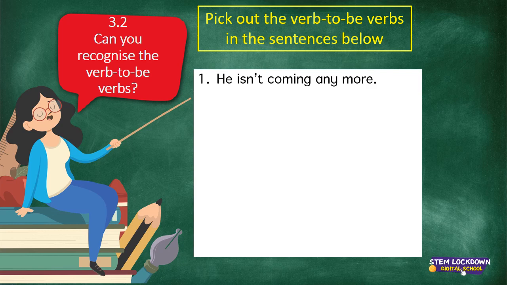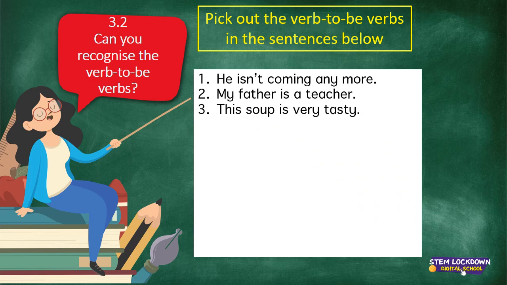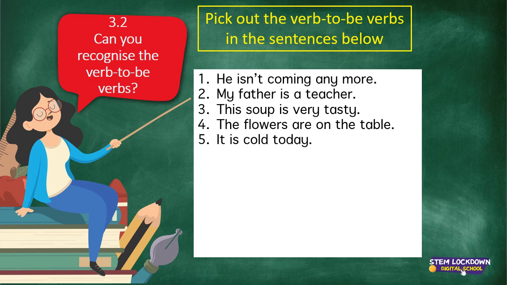Number 1, he isn't coming anymore. Number 2, my father is a teacher. Number 3, this soup is very tasty. Number 4, the flowers are on the table. Number 5, it is cold today.